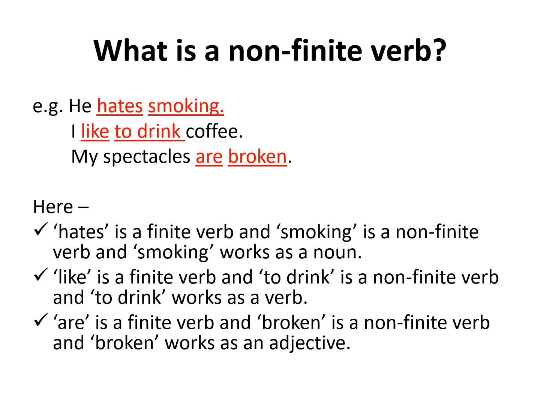In the second sentence, I like to drink coffee. So, can you tell which one is the finite verb and which one is the non-finite verb? Yes, like is a finite verb and to drink is a non-finite verb.